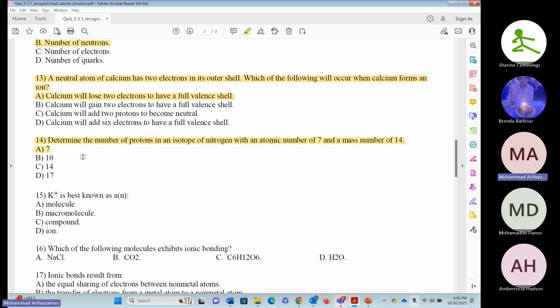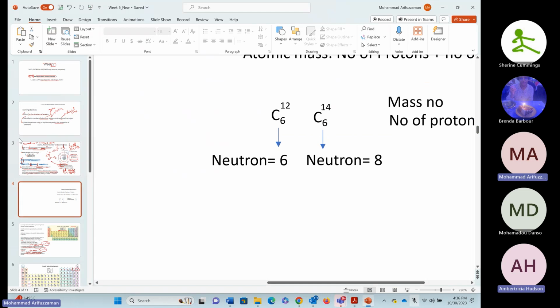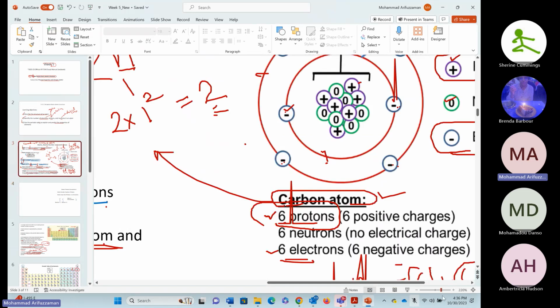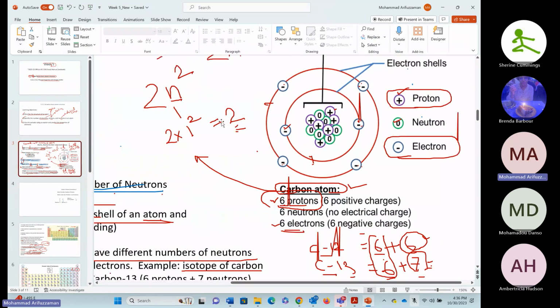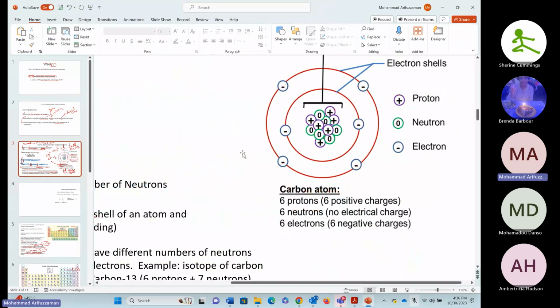So today we learned the atomic structure, the subatomic particles, and the atomic number and the mass number. Before I conclude, just a quick review. What is the structure of an atom? Each atom has 2 parts: the atomic nucleus carries protons and neutrons, and the electron shell carries electrons.